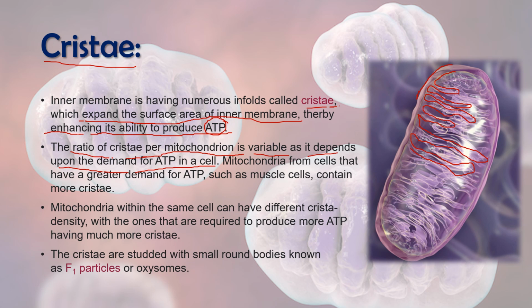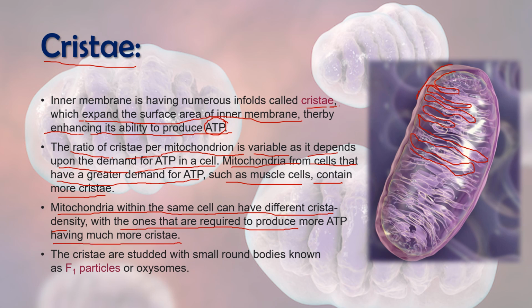If a cell requires more energy, then the cristae number increases. So the mitochondria from cells that have a greater demand for ATP, such as muscle cells, contain more cristae as compared to other cells. The mitochondria within the same cell can have different cristae density, with the ones that are required to produce more ATP having much more cristae.